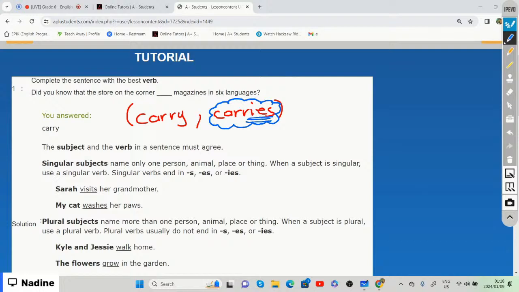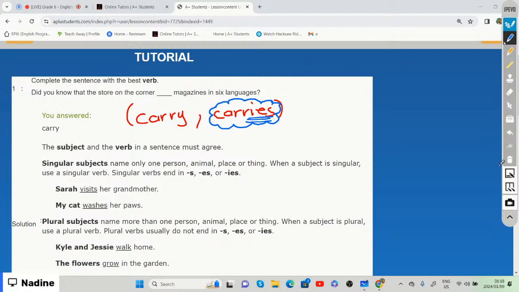Because remember we said a singular subject uses a singular verb that ends in s, es, or ies. All right, so carries is correct.